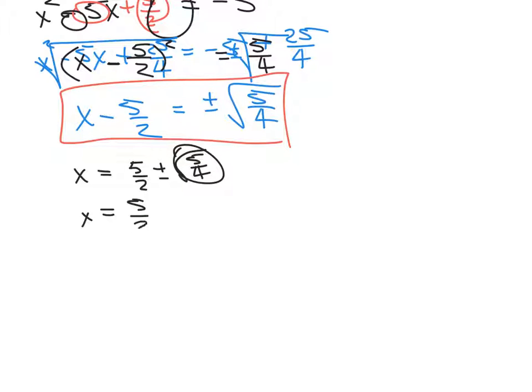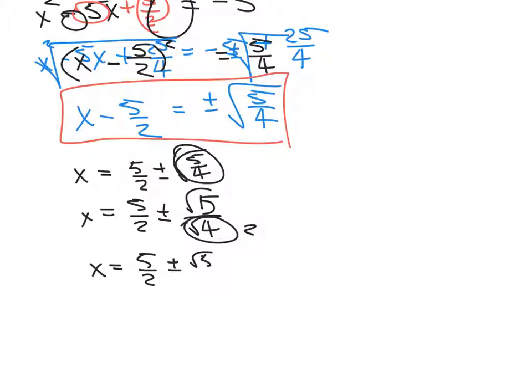Just going to simplify it, because the square root of 5 over 4 is the same as the square root of 5 over the square root of 4, and I know that is 2. So x equals 5 halves plus or minus the square root of 5 over 2. And that ends up being my answer.